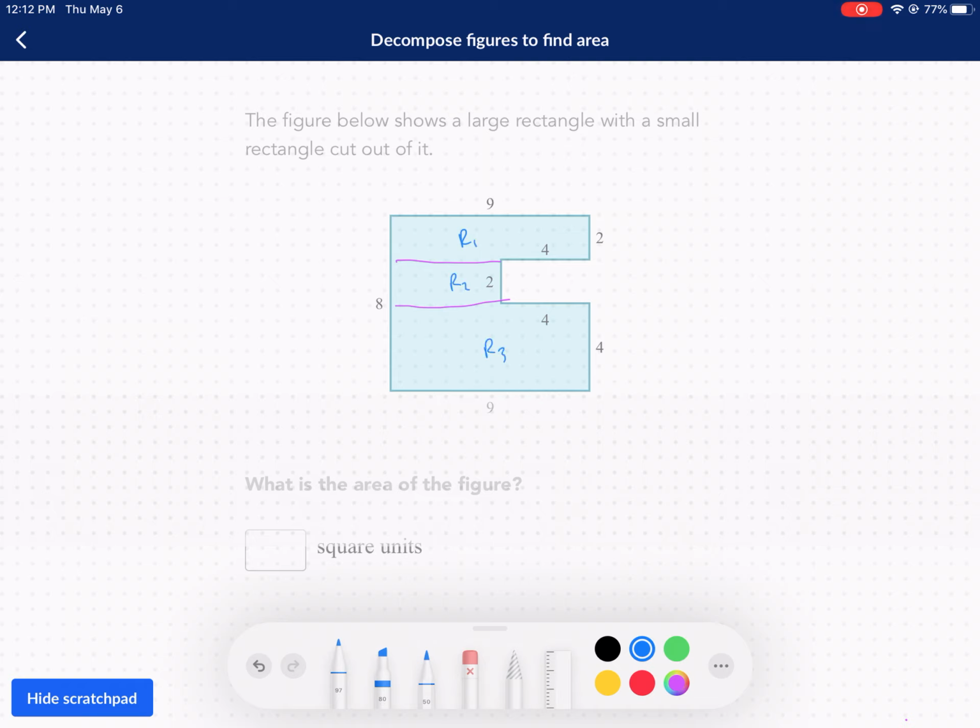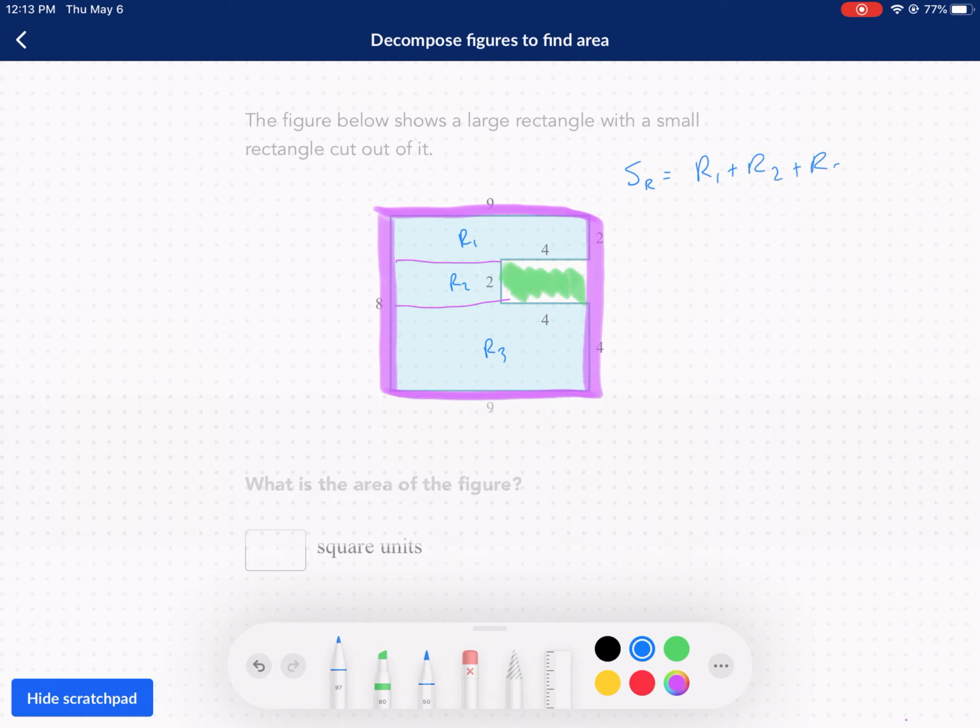The easier way to do it, actually, though, is to find this big rectangle. And I know you're saying, wait, hold on a second, there's this one right here, and then subtract that. So two different ways. We can either find the shaded region by doing R1 plus R2 plus R3, or we can find the big region.